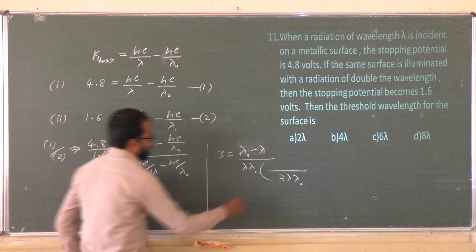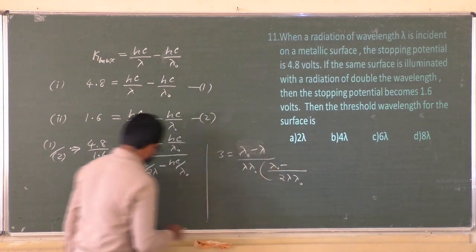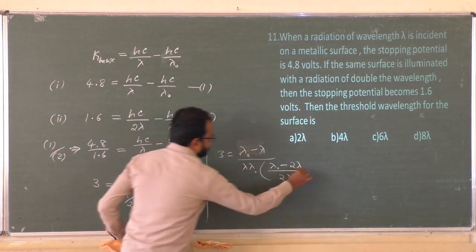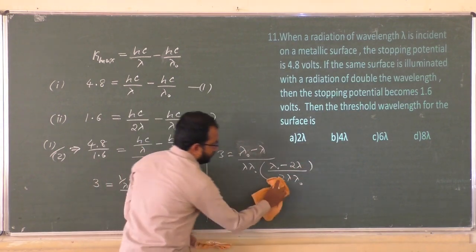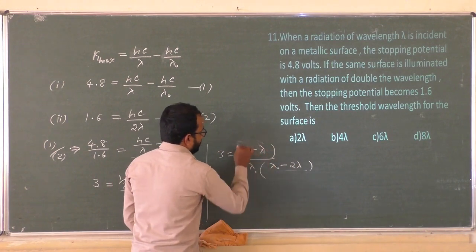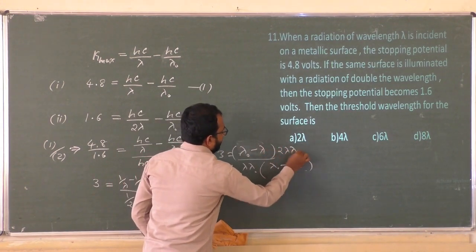So this is lambda naught minus 2 lambda, right? I can write this 2 lambda into lambda naught in the denominator, so into 2 lambda into lambda naught.